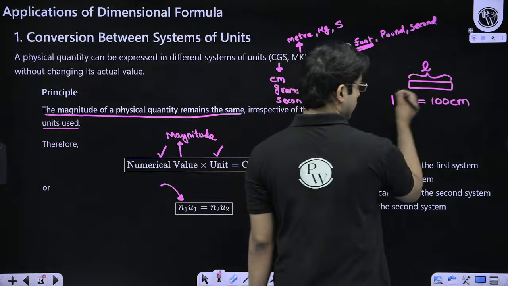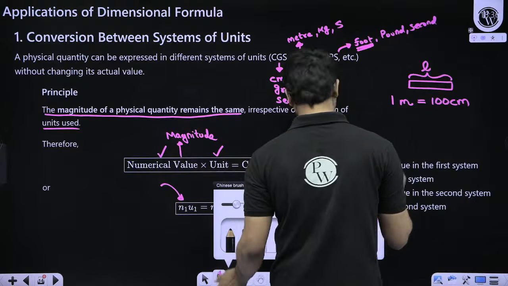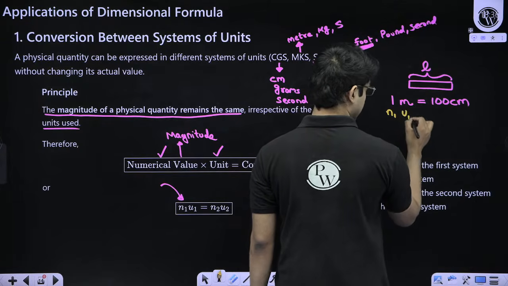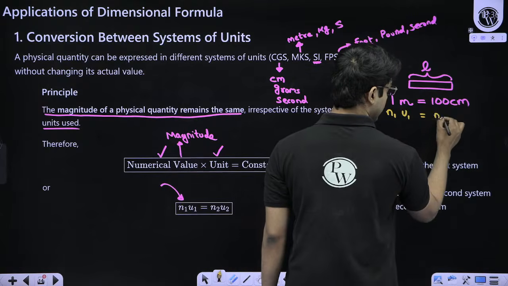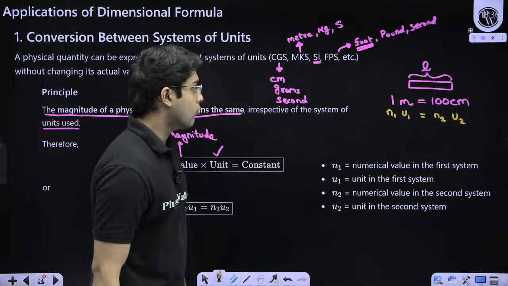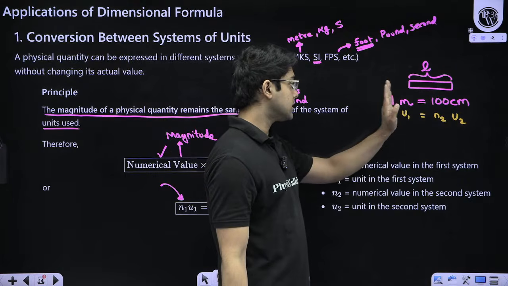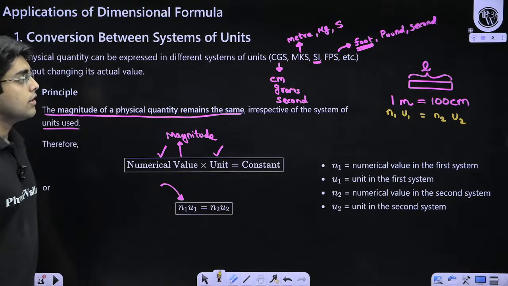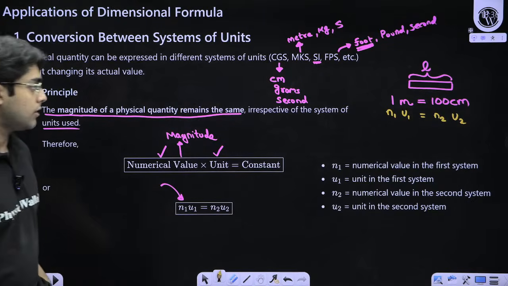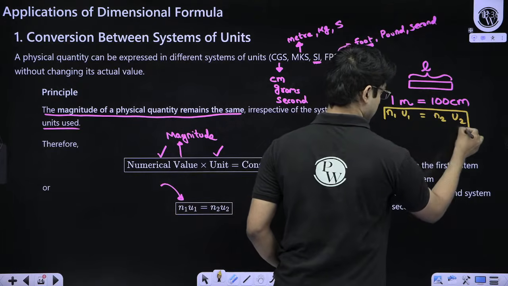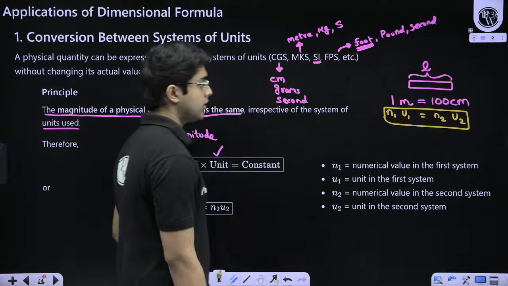Compare that with this: here N1 is 1, U1 is meter; here N2 is 100, U2 is centimeter. So 1 meter is the same as 100 centimeters. There is no difference. This is the main formula we will be using to convert from one unit to another unit.